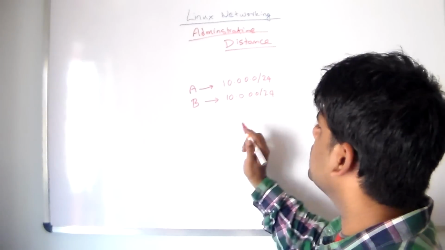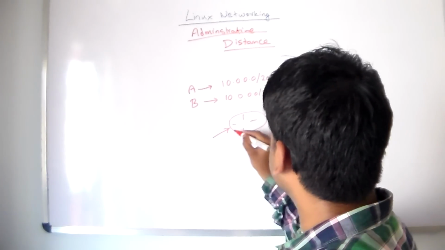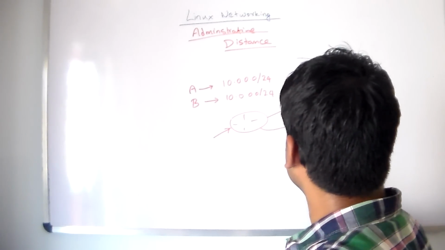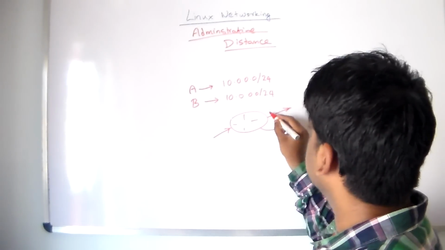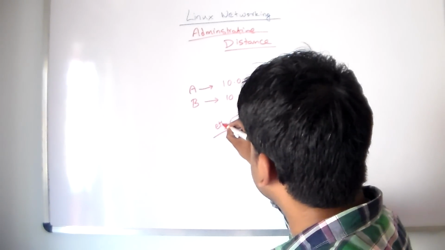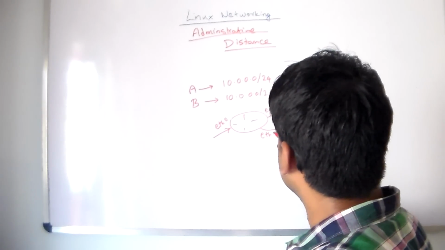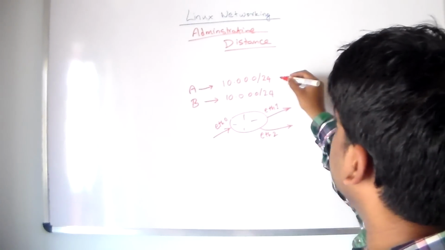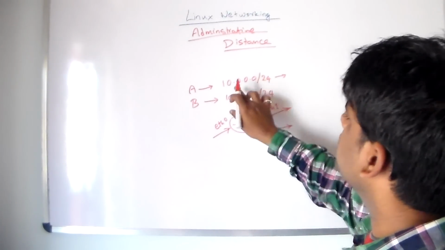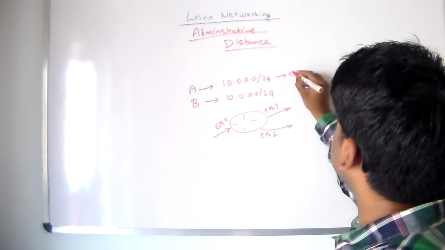Suppose you have a router which gets packets in this port, and it has to forward the packets on one of these interfaces. Consider these as ETH0, ETH1, ETH2, and assume A says that if the packet is destined to this subnet, then forward it via ETH1.